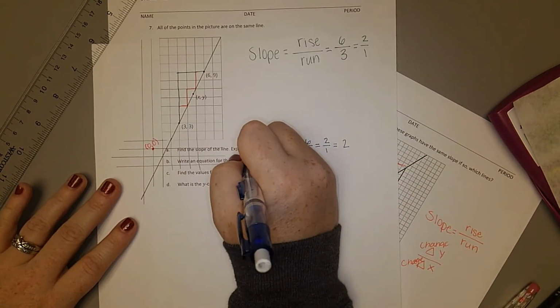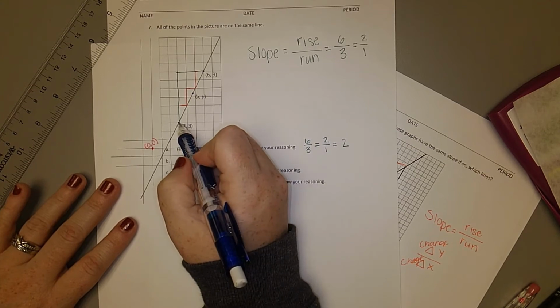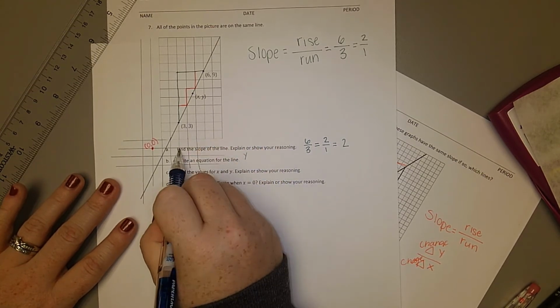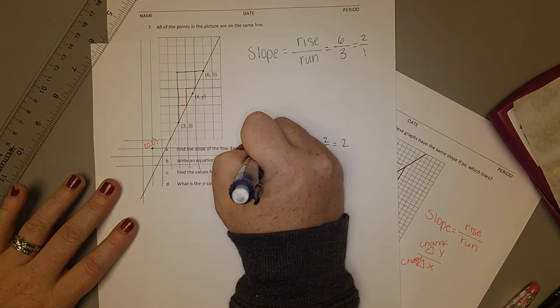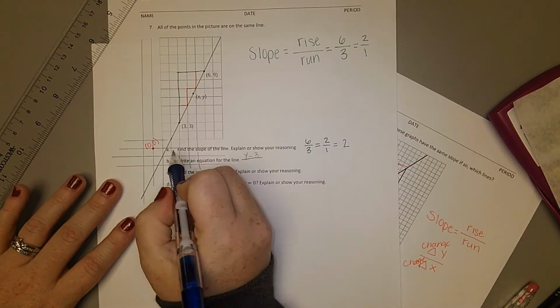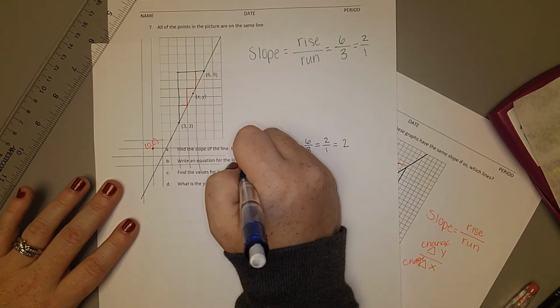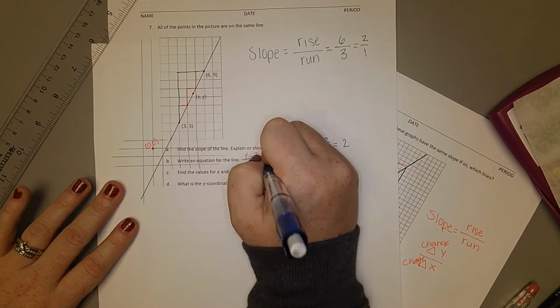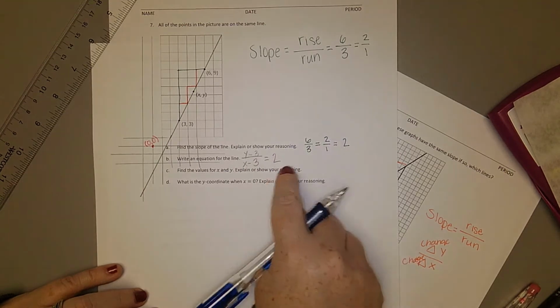So we're going to have y minus 3 because we went down 3. And then x, so if we're right here, we have to go backwards 3. x minus 3. And it must equal 2 because 2 is our slope.